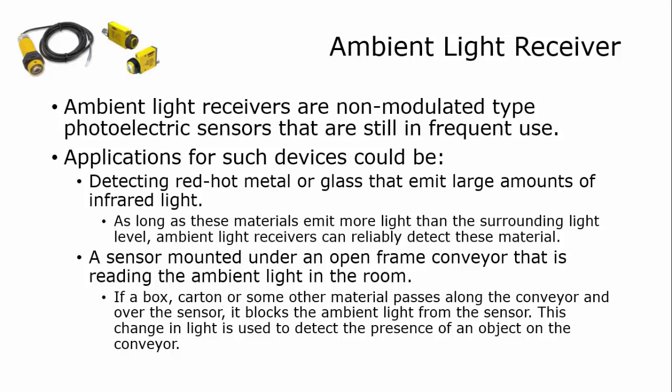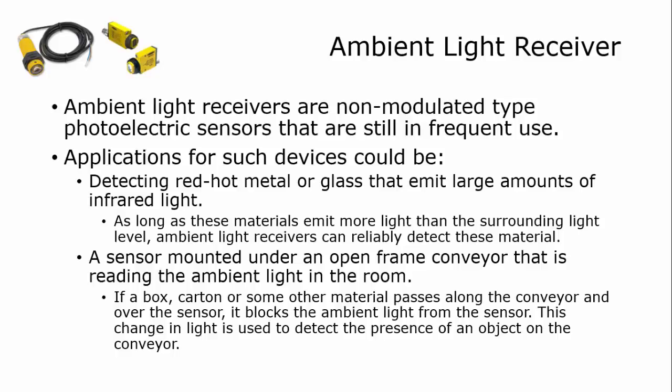So there are these sensors in the photoelectric world called ambient light receivers. An ambient light receiver is nothing more than a non-modulated type photoelectric sensor that still uses a light bulb and some sort of photocell or maybe a phototransistor, which we're going to be talking about shortly.